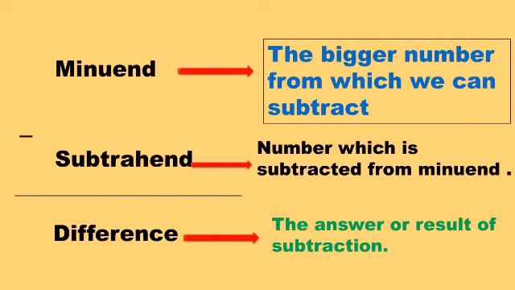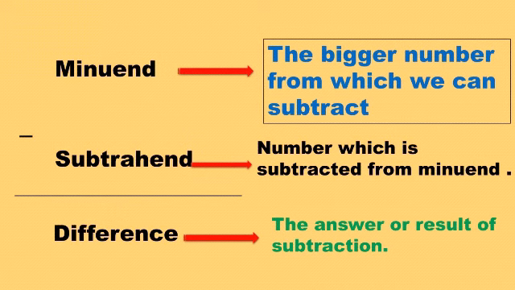We will learn few different terms which are related to subtraction. That is minuend, subtrahend and difference. What is minuend? Minuend is the bigger number from which we subtract the other number. What is subtrahend?